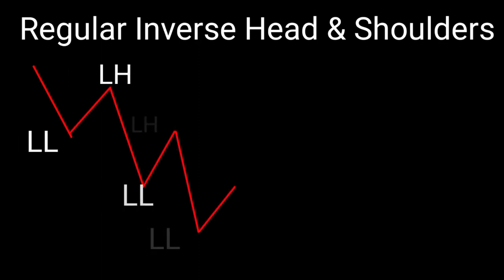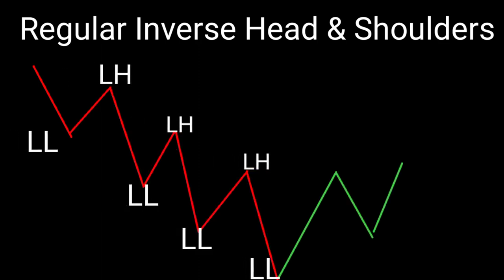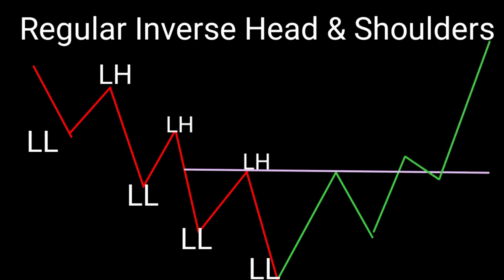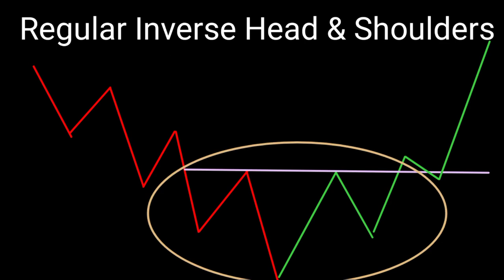It occurs in a downward trend where you're having lower lows and lower highs. It gets to a point that after a lower low, the price makes an equal high, then a higher low or an equal low. We can say at that point that we're having a regular head and shoulders pattern.